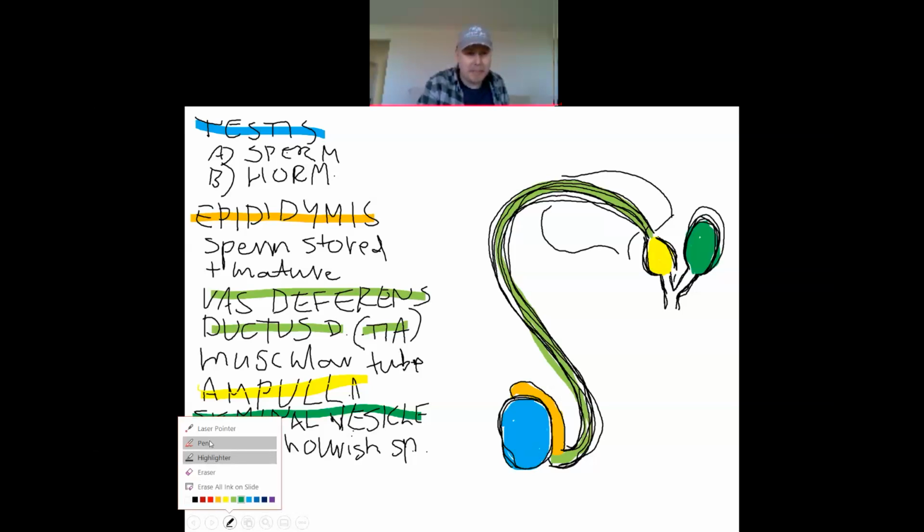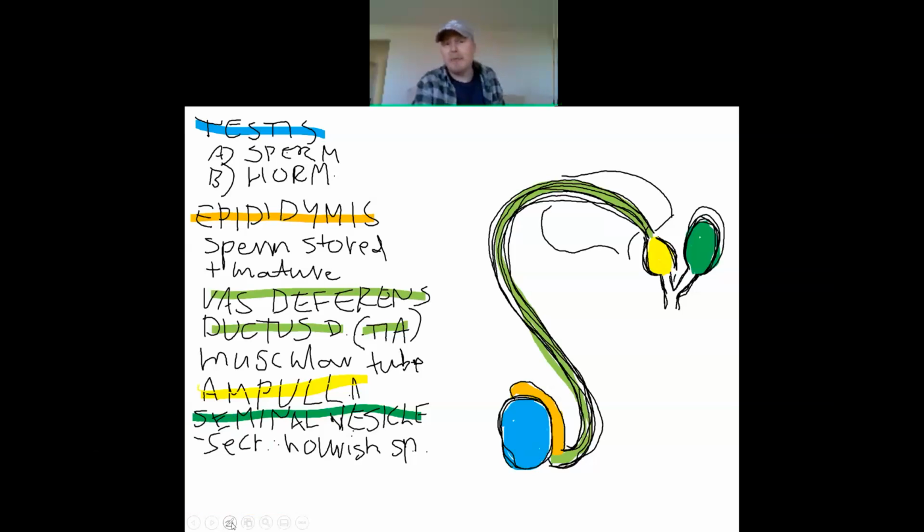So I'm taking my pen to draw again. And first of all, of course, the urinary bladder joins to this same tube here. So remember, in males, we have a large portion of the tract shared by the urinary and reproductive system. So both come out from the same tube.